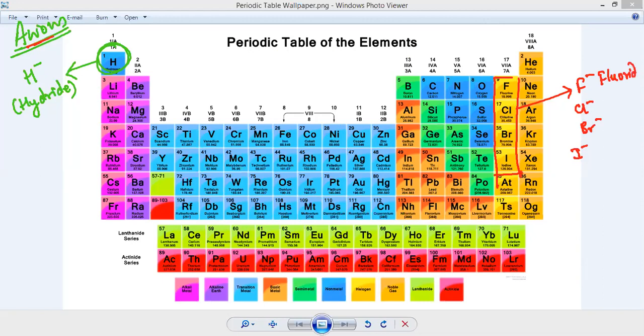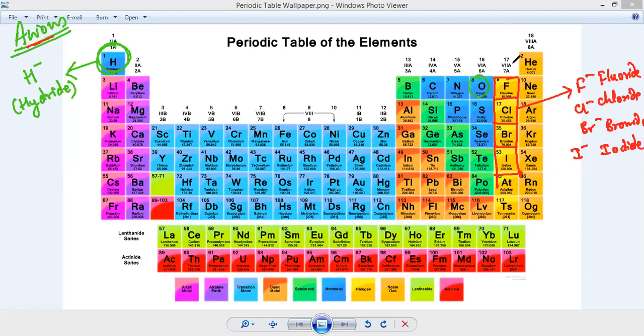This is fluoride, this is chloride, this is bromide, and this is iodide. Is it clear? Yes, sir.